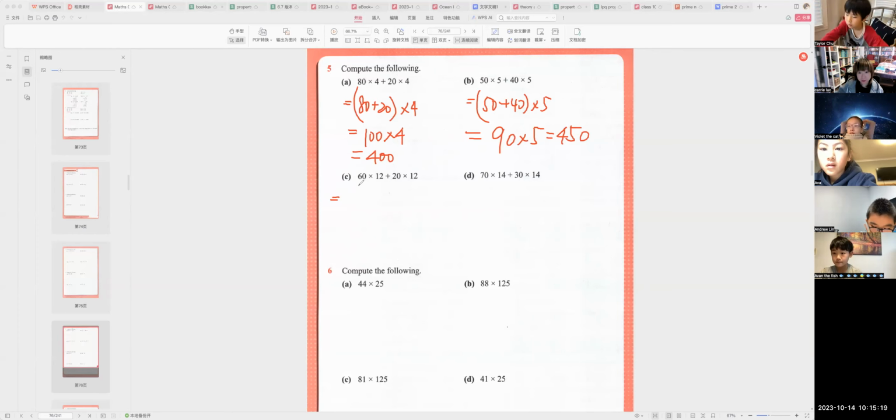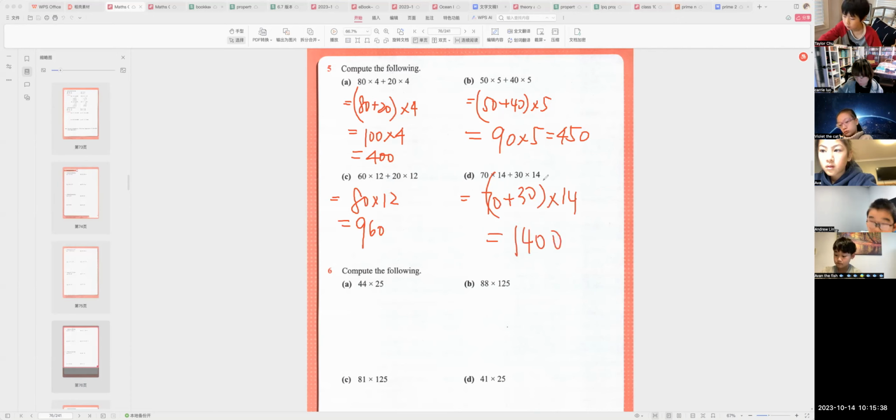Correct? And this one, 80 times 12 equals 960. Next one, 70 plus 30 times 14 equals what? Equals 1400.